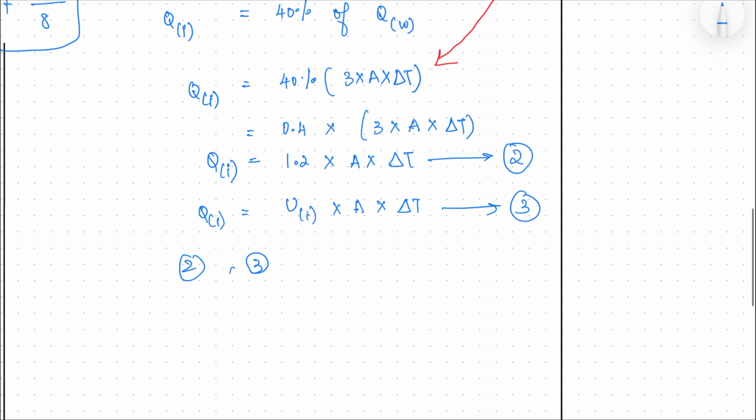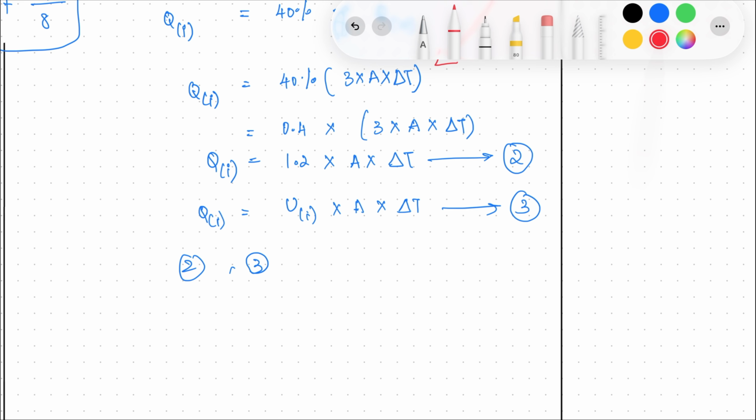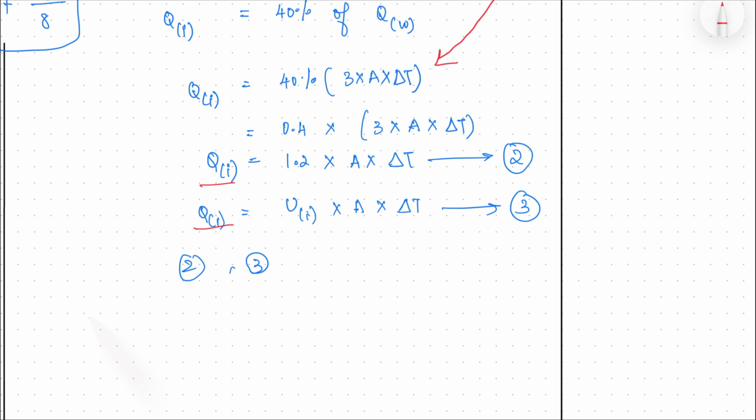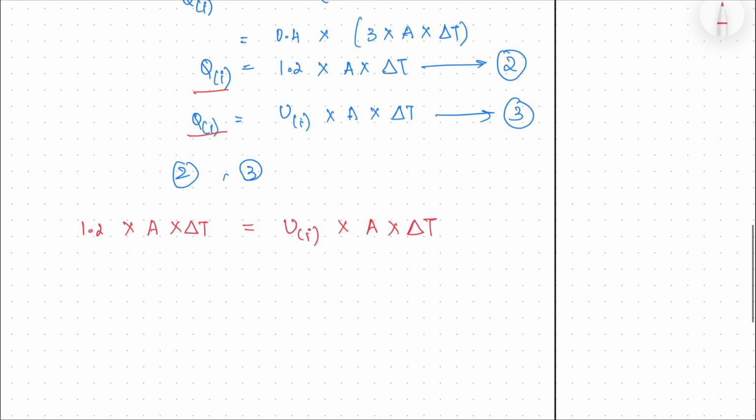Since the left hand side is similar, you'll write 1.2 into area into delta T is equal to U value of the insulation into area into delta T. With this you can solve and you get the U value of the insulated roof to be 1.2 watt per meter square degree Celsius.